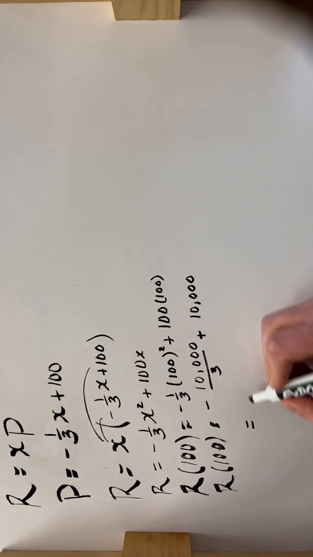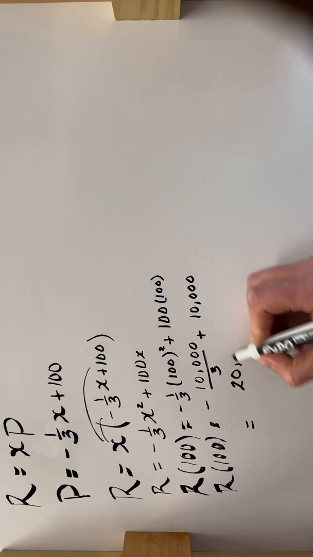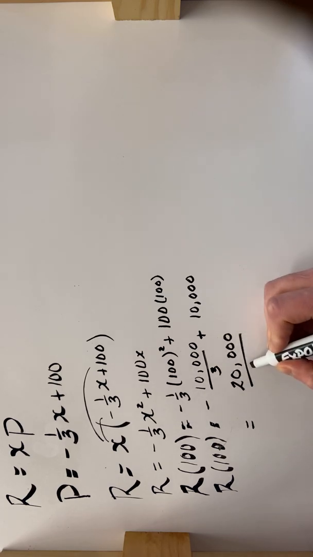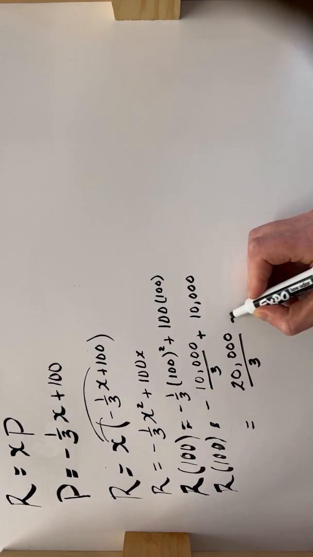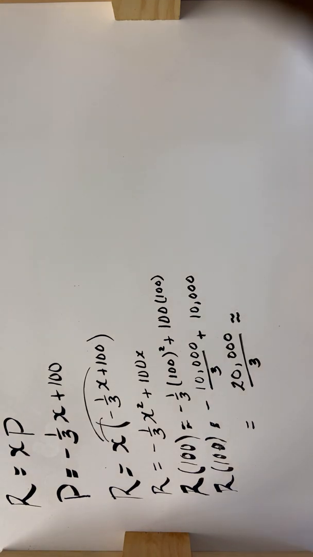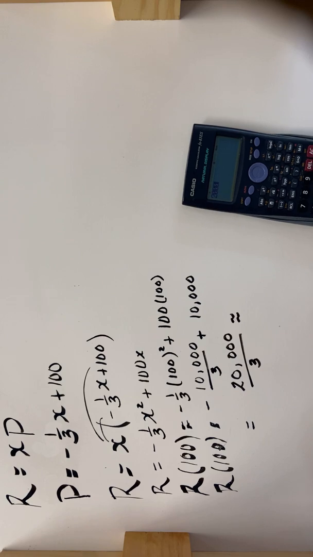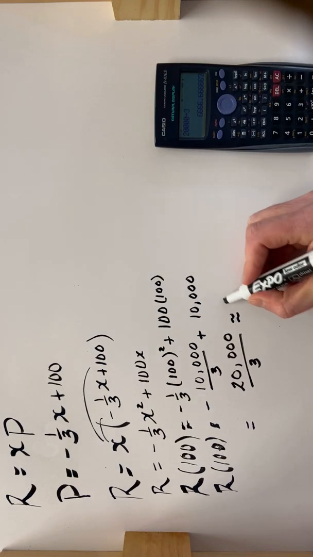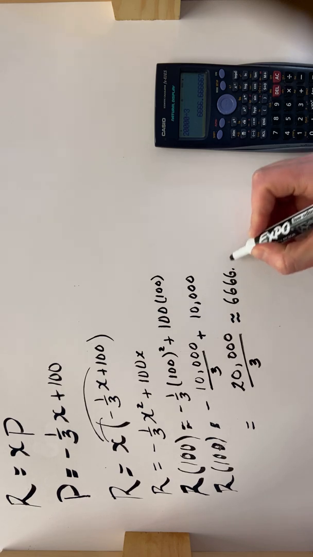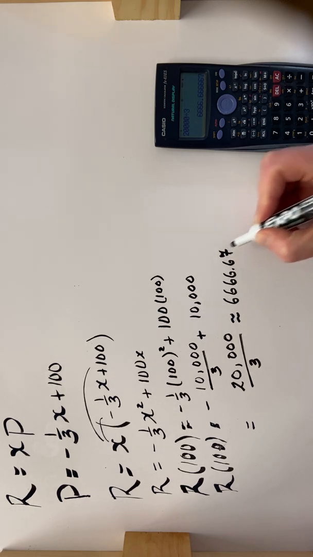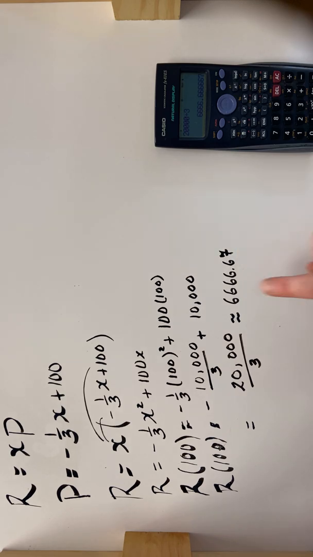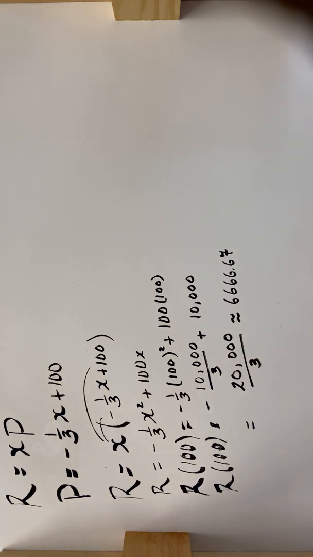Worked out, that is equal to 20,000 over 3, and that is approximately equal to $666.67. We're talking about dollars and cents here. This is revenue, and so to the nearest cent, that is 67 cents. All right, so that's the second part of the problem done. That is the revenue for 100 units.